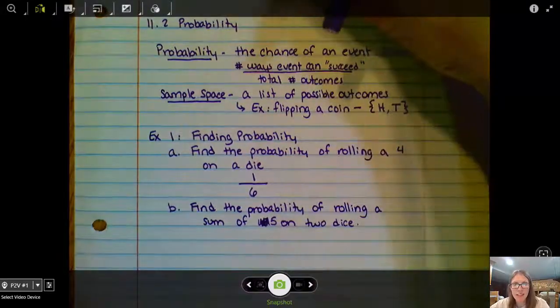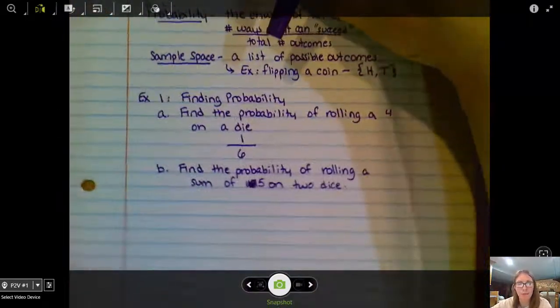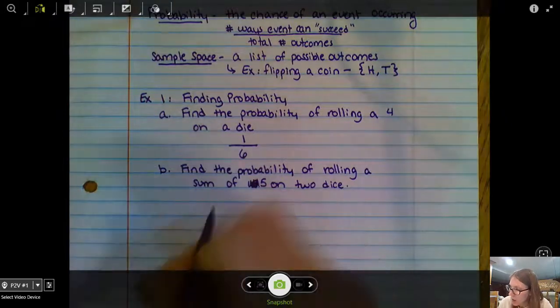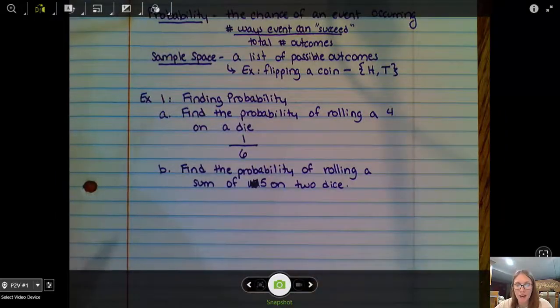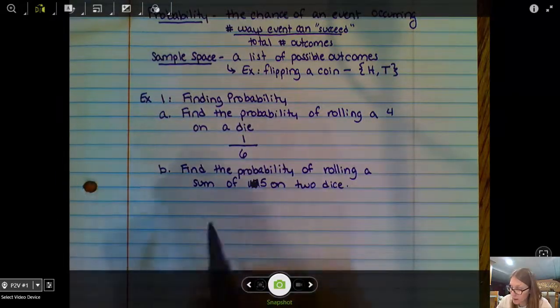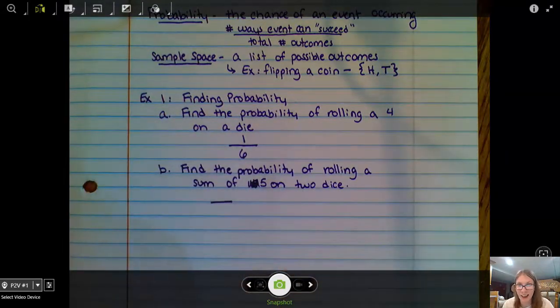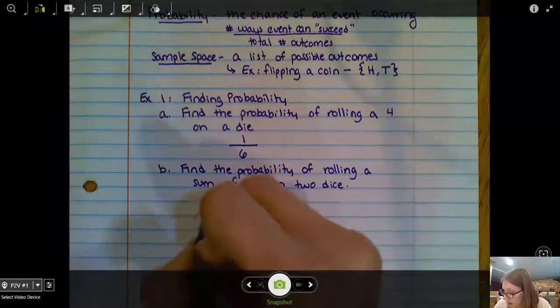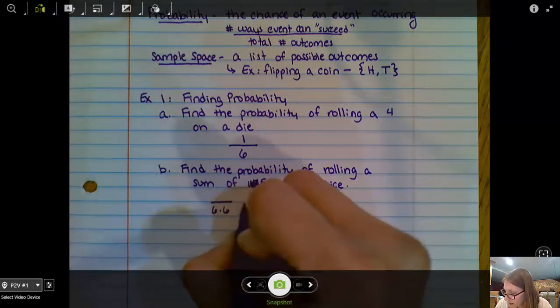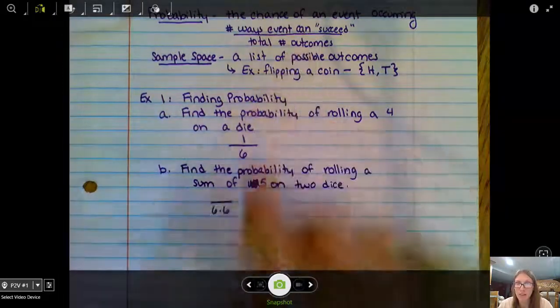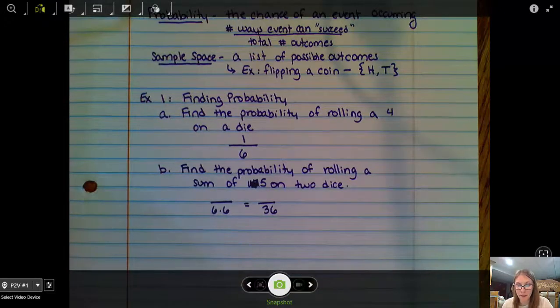This is definitely more complicated because we have more ways that this event can succeed, and we have more possible outcomes that we have to figure out. So first of all, when we roll 1 die, there are 6 possibilities. And when we roll a second die, there are 6 possibilities. So 6 times 6 gives us 36 total possible outcomes, and that's the denominator for our probability.